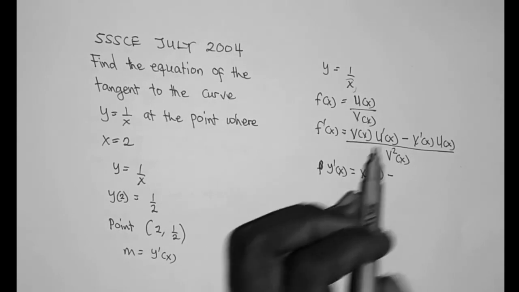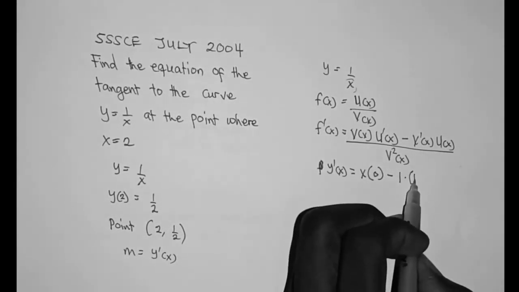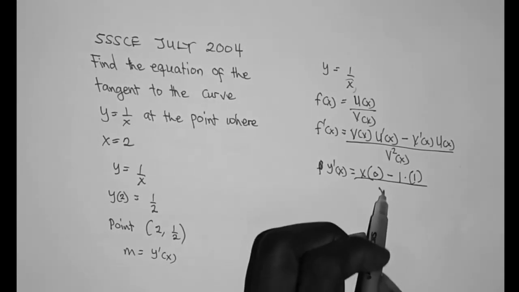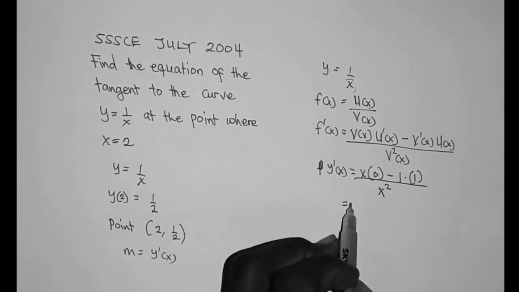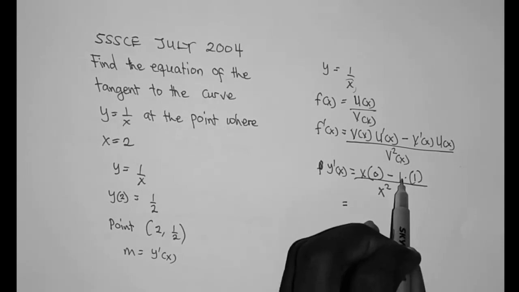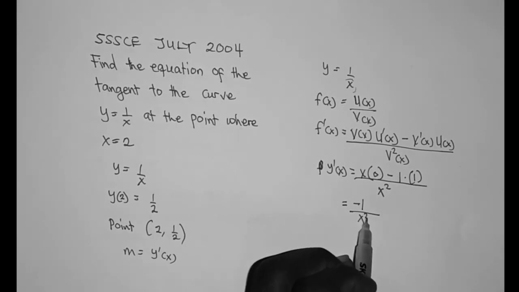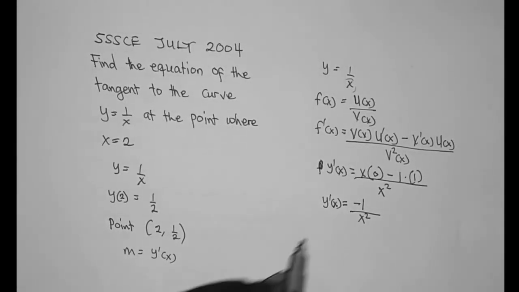If you differentiate x it is 1, times keep u of x, which is 1, divided by the square of v of x, so x squared, and this is equal to x times 0 is 0, 0 minus 1 times 1 is 1, so minus 1, divided by x squared. So this is y prime of x.